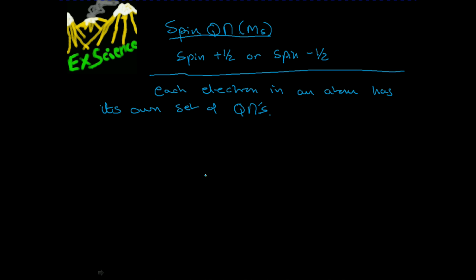So, how do we apply this knowledge to electronic configurations of atoms? Well, we can put all of this into a table. So let's start.